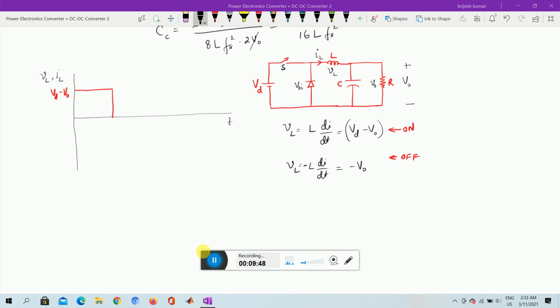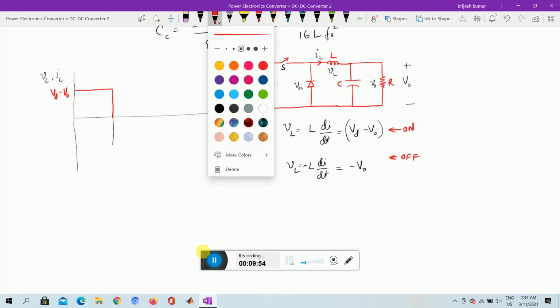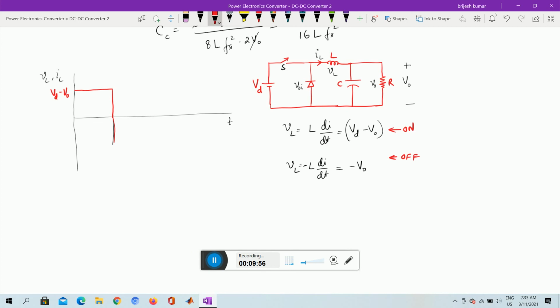So VL is equal to minus V0 here, and you can have minus V0 for the off time. Like that we can relate the on time and off time, and we can get the off time like this.